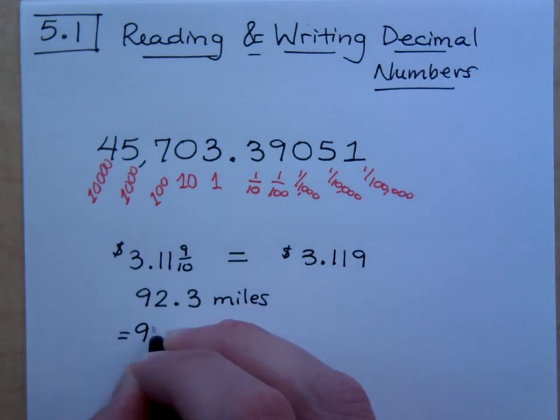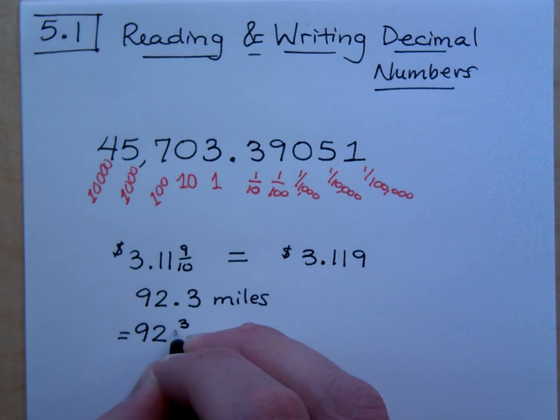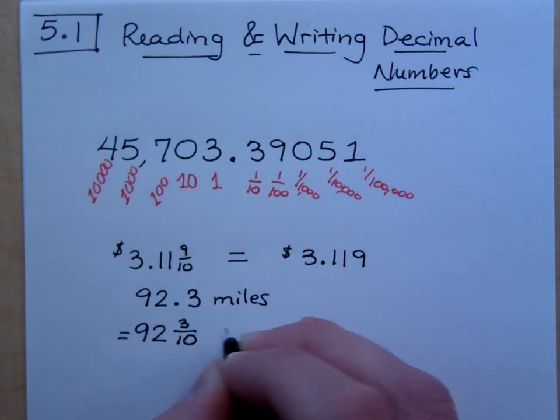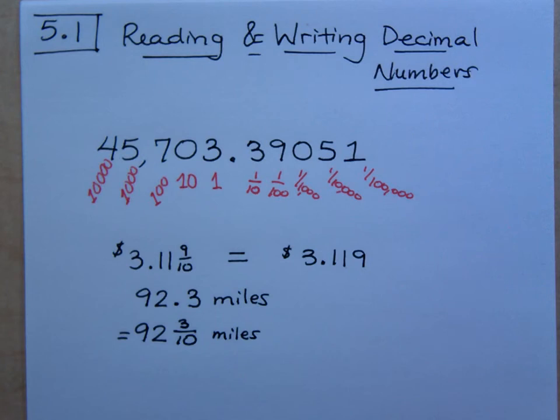That really means 92 and 3/10. So that means you've driven 92 miles and then 3/10 of another mile. Do you agree? So I know you don't like this, but that means that your decimal is a fraction. It's part of a whole.